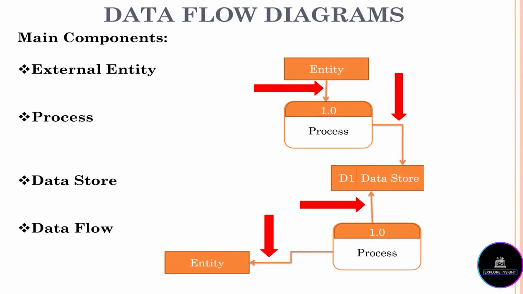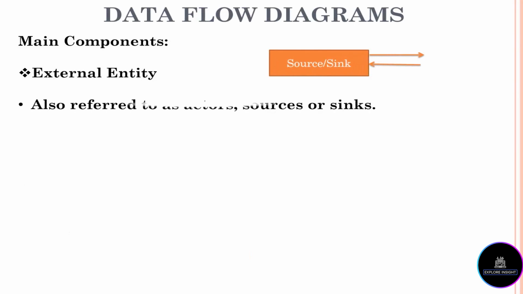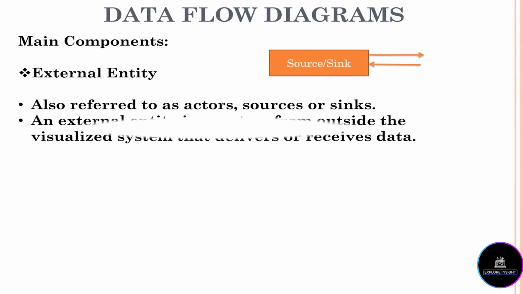The external entity. The external entity is referred to as actors, sources, or sinks, which can be seen in this diagram. Another point is a system from outside the visualized system that delivers or receives data. Now, they are the sources and the destinations of information leaving or entering the system.